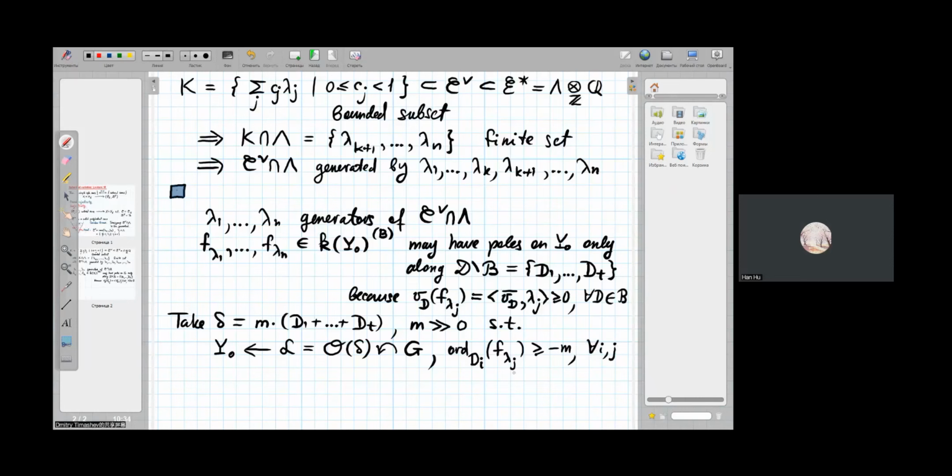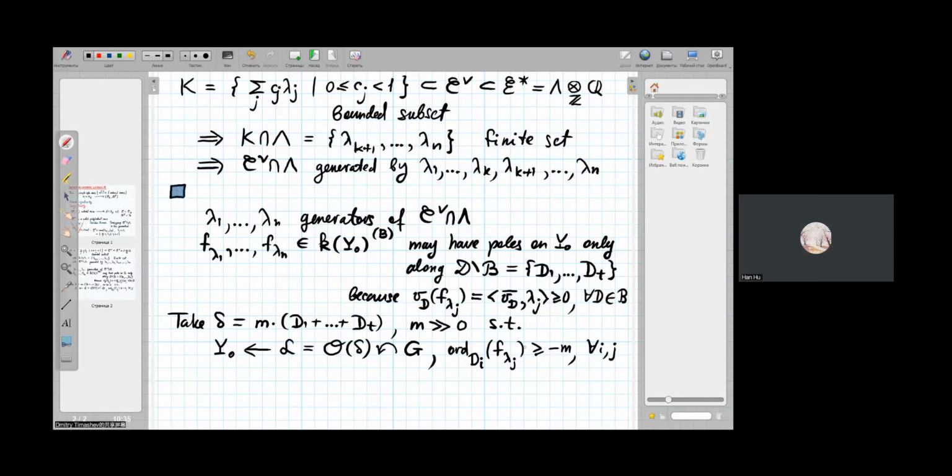This is possible because we have finitely many functions and finitely many divisors. These functions may have poles along these divisors, but since there are finitely many of them, the vanishing order at poles is bounded from below. So we take m big enough so that the vanishing order of all these functions is greater than minus m. Okay. Now, any question?